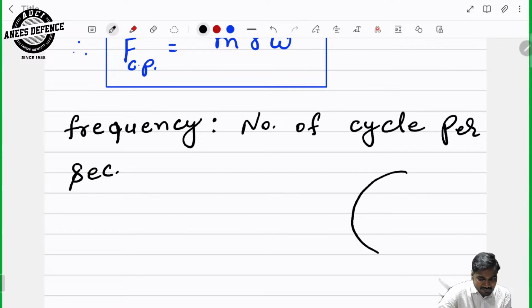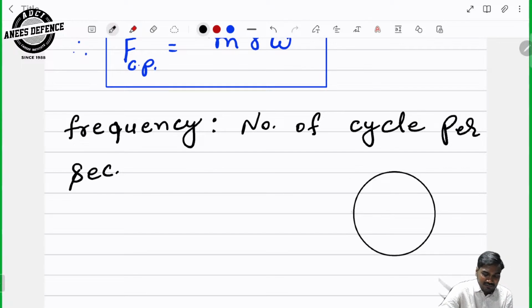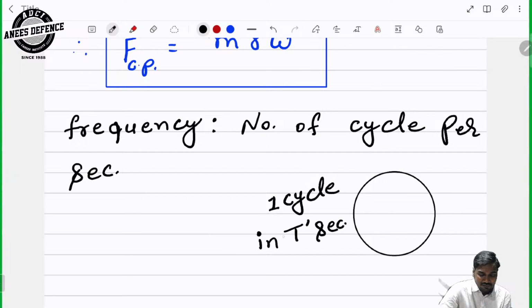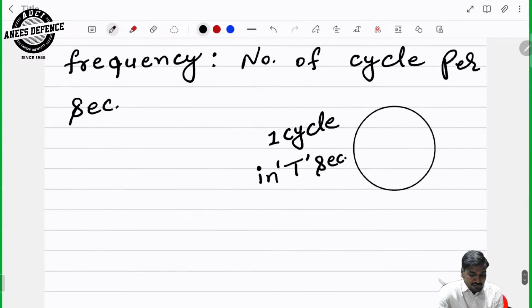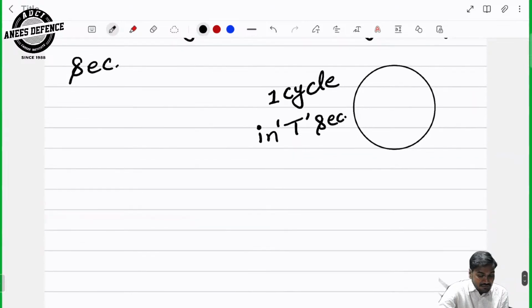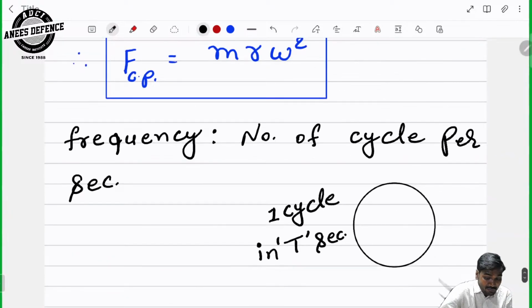So just consider an object is moving on a circular track, and that object has completed 1 cycle in time period T, that is 1 cycle in T seconds. Understood? So the number of cycles in 1 second, not T seconds: what have you learned?